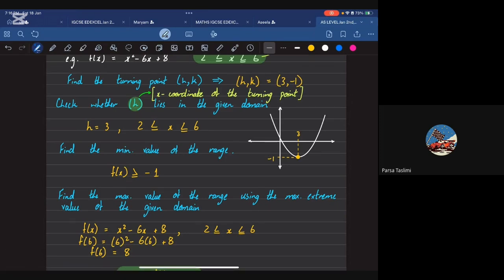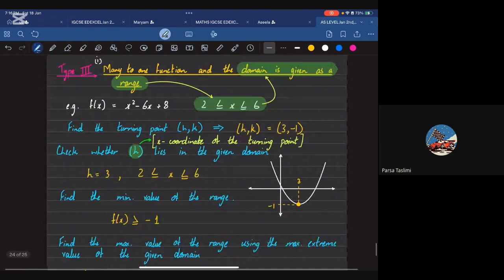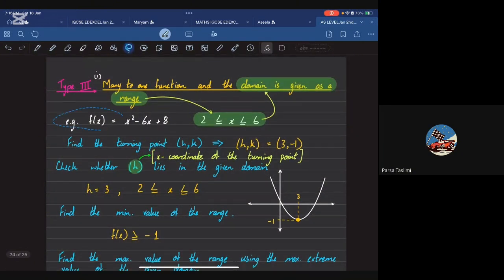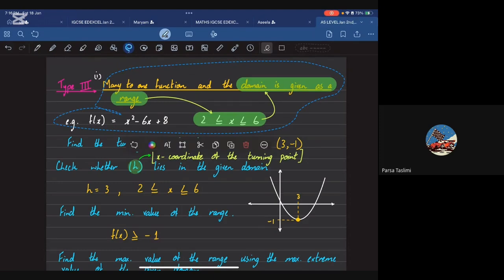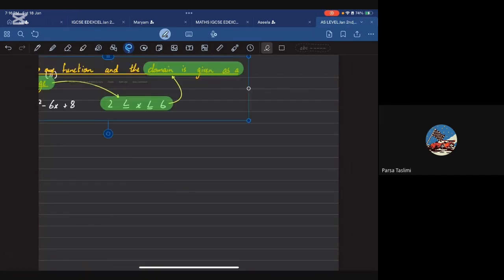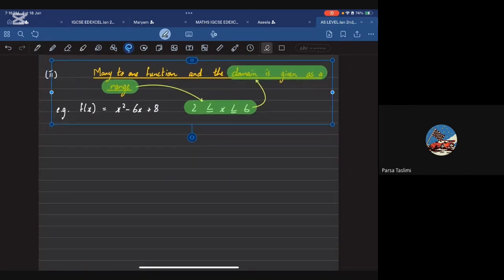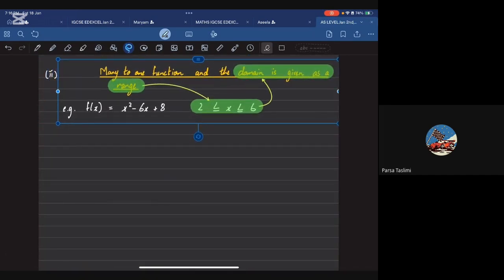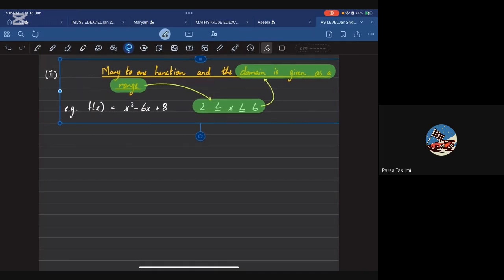Let's see. If the same question is given to you, I'll just copy it down over here. Many to one function, everything is there.